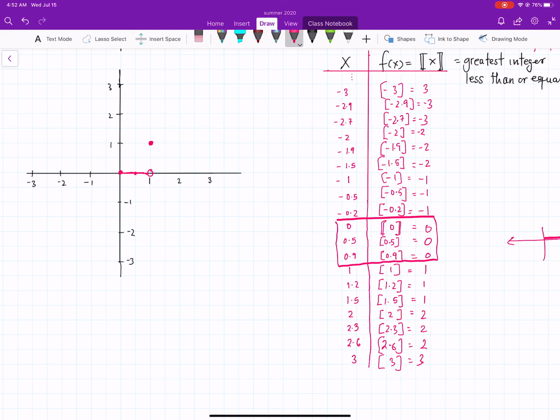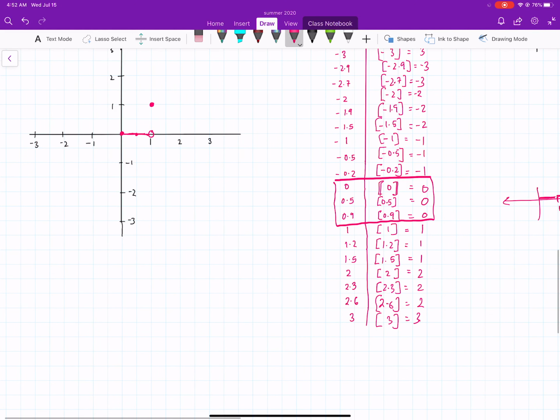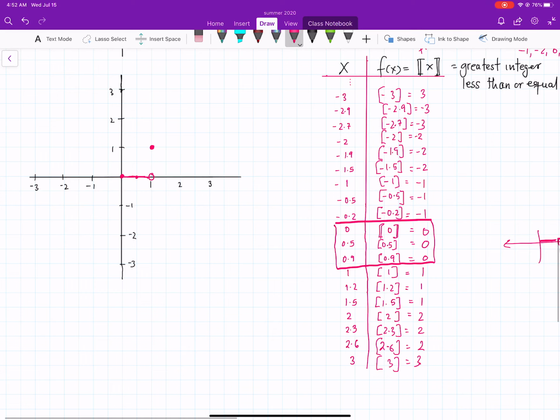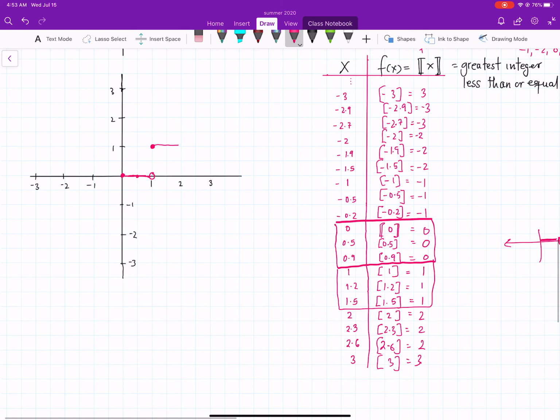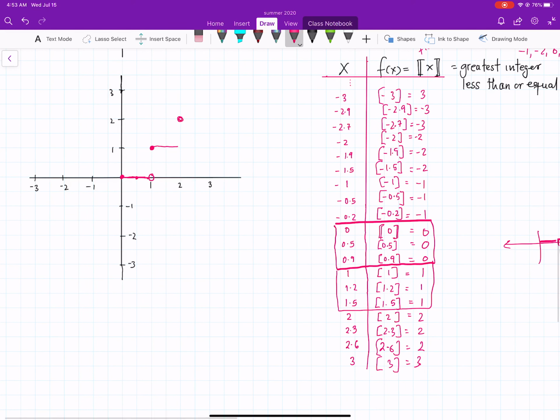All right. And then continue again. So if I look at the 1, 1, where the y values are 1, it looks like it's between 1 and 2. So between 1 and 2, it's a horizontal line until I get to 2, and then the thing jumps again to 2. So that means I need to put an open circle over here because the function jumped.